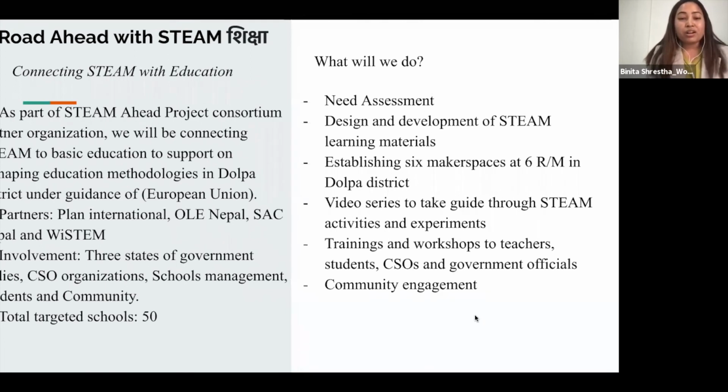So there are a lot of dropouts. This is an attempt to minimize the dropout rates by providing offline and online learning materials, and also establishing maker spaces at Dolpa. This involves the engagement of all the related organizations and government bodies.